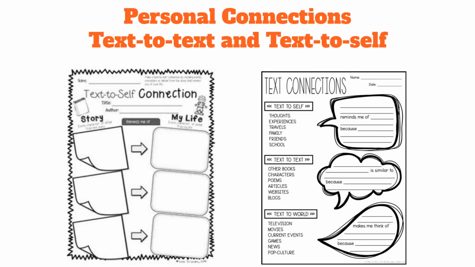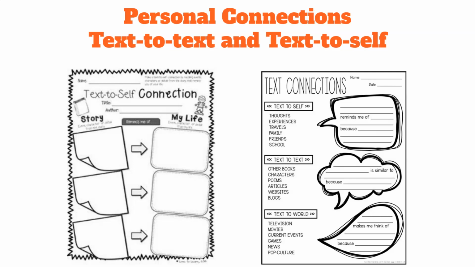The next worksheet expands on that. So it's not only text to self connections, but students begin to make text to text connections. This book is like this book because, and then the last one is a text to world connection. The students are able to take a text and take it outside of themselves, outside of the classroom, and ask how does that text connect to the world?